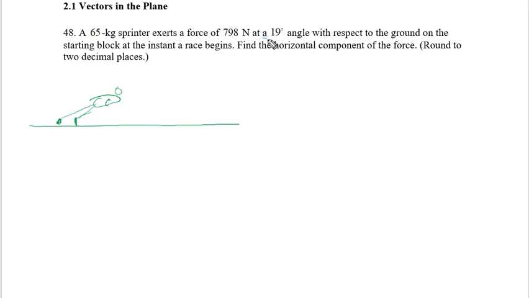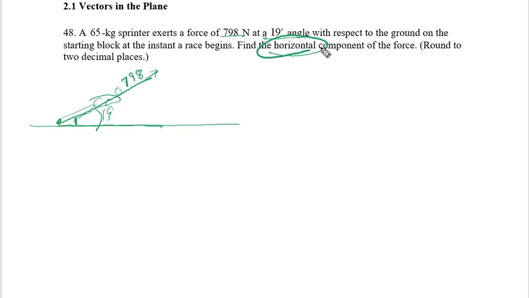And he's at an angle of 19 degrees with respect to the ground. So here's the ground, here's the runner, and the angle is 19 degrees. And we're told that he exerts a force of 798 newtons. Well, that means that this is 798 units long, the vector that we just drew.